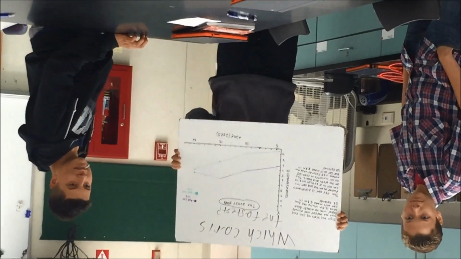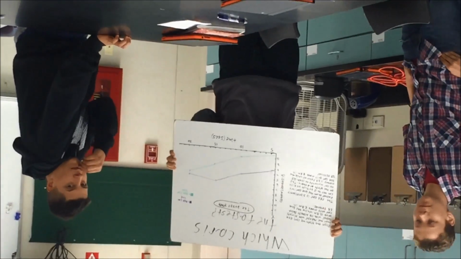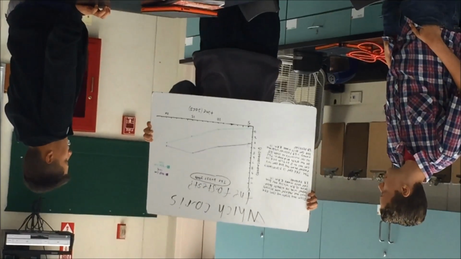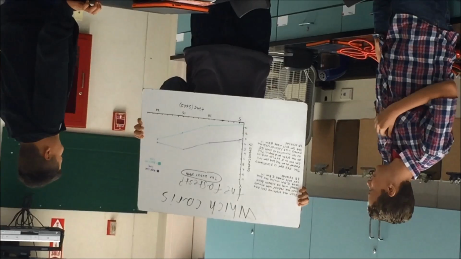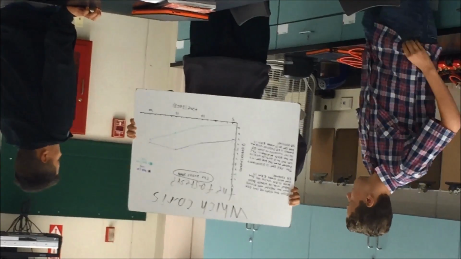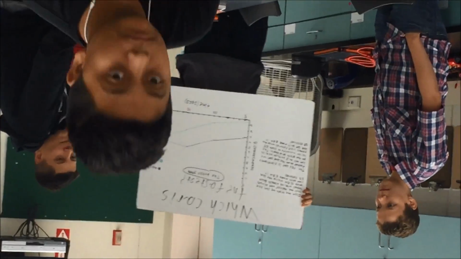Anyone have a question? I do. Why does your last point go down? Did your car reverse? That doesn't make sense to me. Why does your last point drop? Seth?